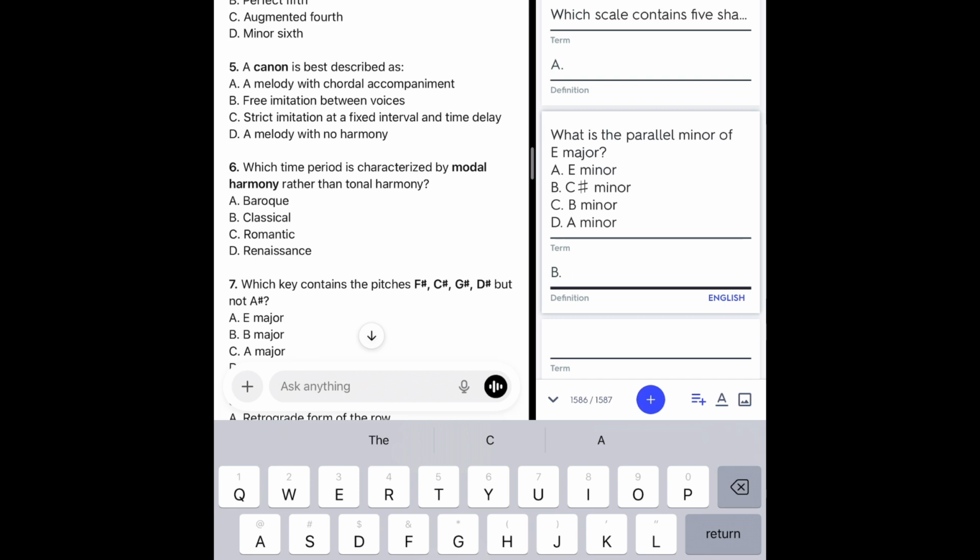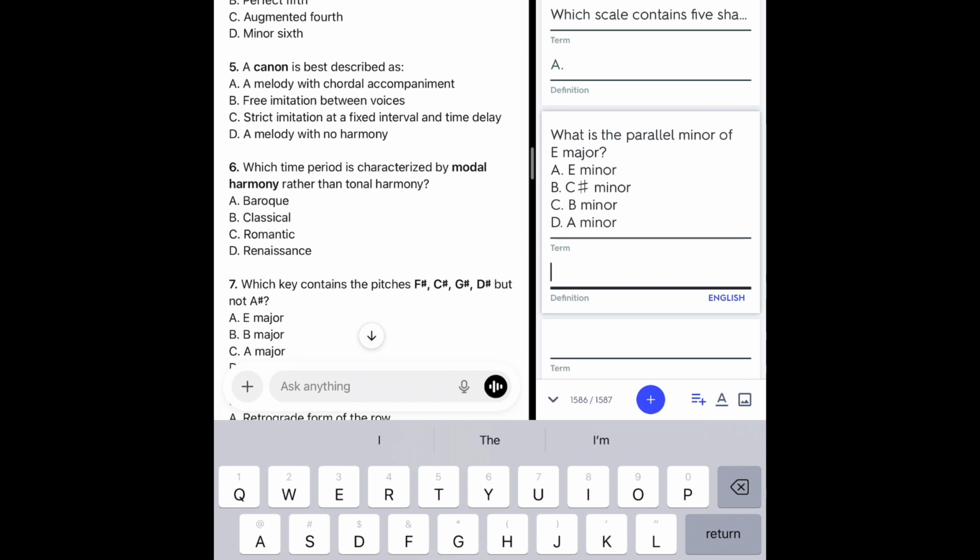Because parallel minor, let me see if I know my definitions of the minors. When they share the same tonic, that creates a parallel minor. So that's not B. The parallel minor to E major is E minor.